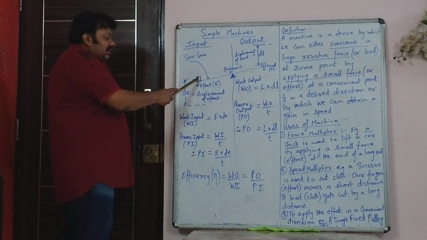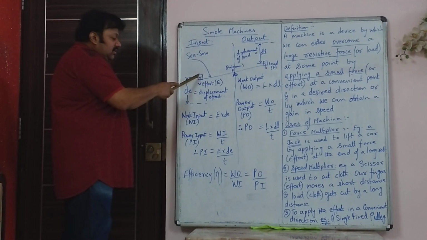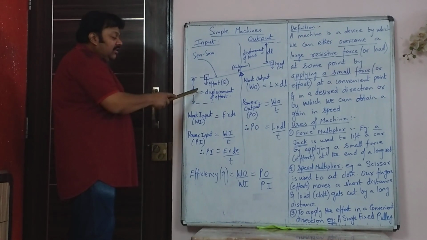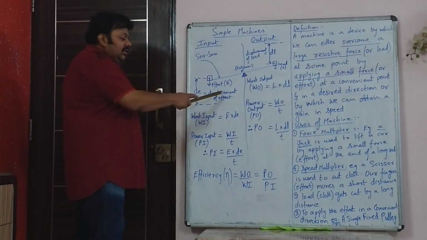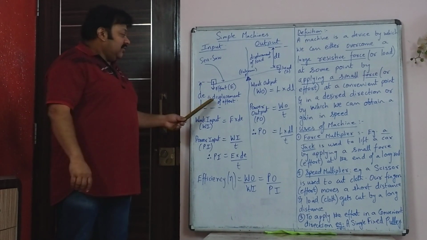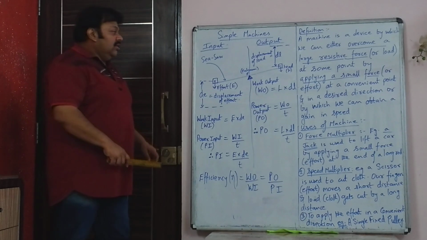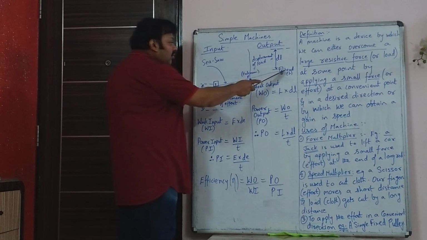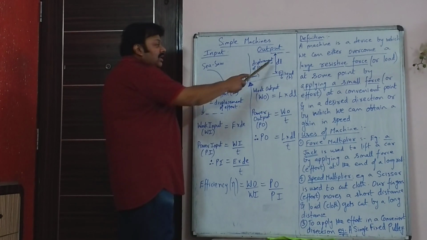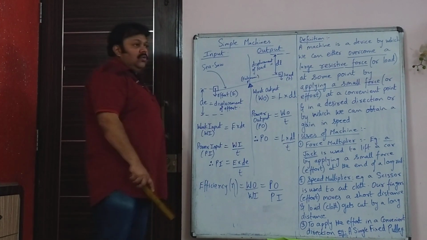Now let's say this side of the seesaw has gone down by a distance dE. dE stands for displacement of effort. On the other side, the load will move up by a distance dL. dL is displacement of load.